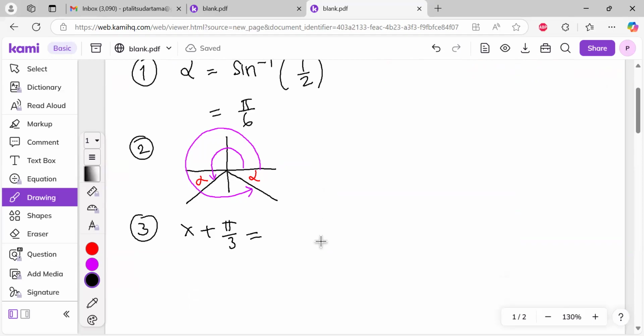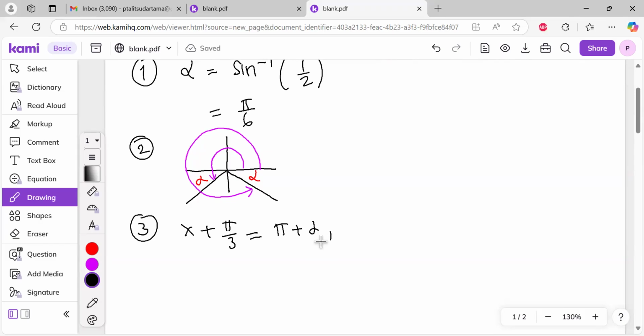For the first answer, which is this one, how do we find the first answer? As you know, this one is the same as pi plus alpha because the angle on the horizontal line is 180 degrees or pi radian. Therefore, if you want to find this angle, that means it should be pi plus alpha.